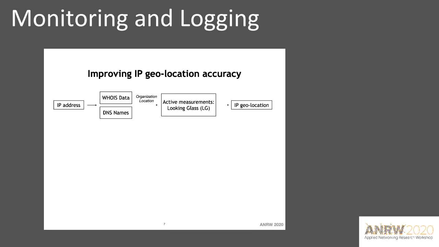Next, we use this extracted information to search for suitable vantage points in order to trace a route to the IP address. We use as vantage points looking glass servers.